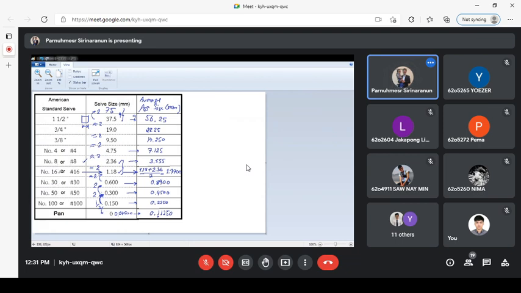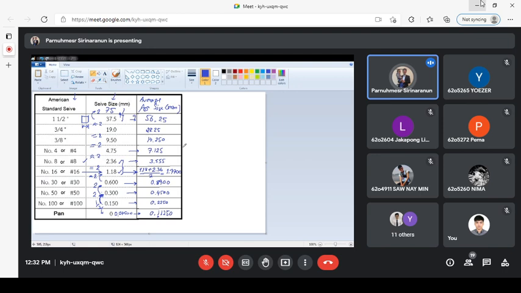In the final examination, I give you only the first and the second column of the table. But the third column you must compute by yourself. Because the first and the second come from the American Standard sizes. But the third column, I would like you to compute the average aggregate size.